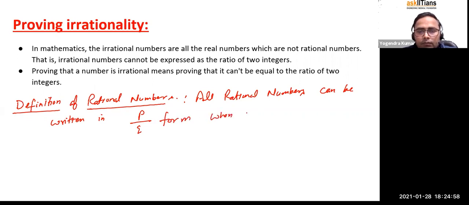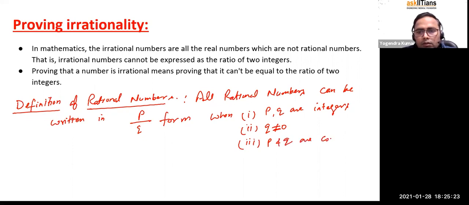First condition, p and q are integers. Second point, q is not equal to 0, q cannot be 0. And third point, p and q are co-prime numbers.